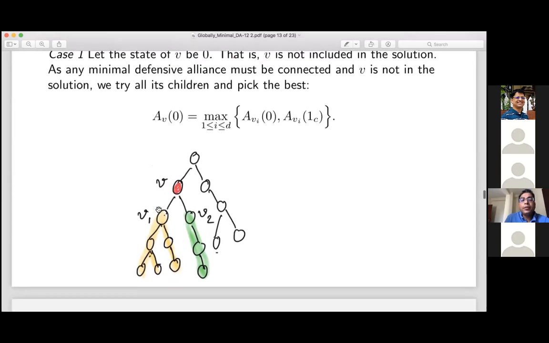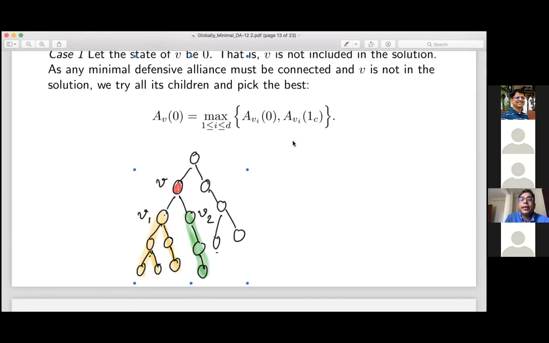Now, one thing to observe is that we know this minimal defensive alliance can't be disconnected, right? So if this vertex is not there in my solution, I can't pick both subtrees. I have to pick the best subtree. I'll just look at which subtree is good for me, in the sense of which has the larger minimal defensive alliance, and I'll pick that one.